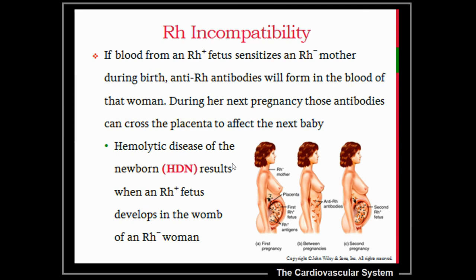This is called hemolytic disease of the newborn, or HDN, and results when the Rh positive fetus develops in the womb of an Rh negative woman. The way I understand it is that if they notice on the first pregnancy that a woman is Rh negative and she gives birth to an Rh positive baby, then during the next pregnancy, there's medication that the woman can be on to stop her from attacking the baby's blood.